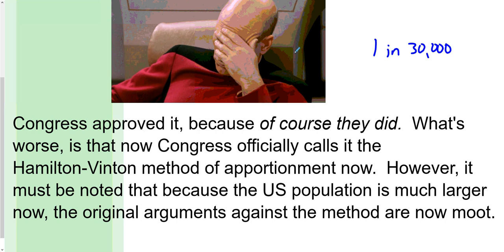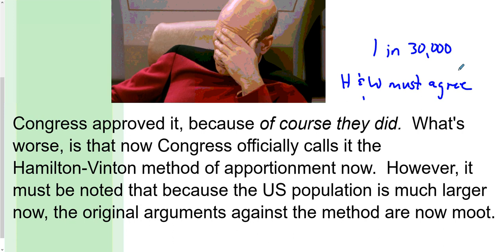What they decide to do instead is they decide that whatever they do, Hamilton's and Webster's must agree. So going forward, starting in 1850, they choose a house size based on the census. They then choose a house size such that Hamilton's method and Webster's method both agree on the number for each state. So really, it's as if they're both in play.